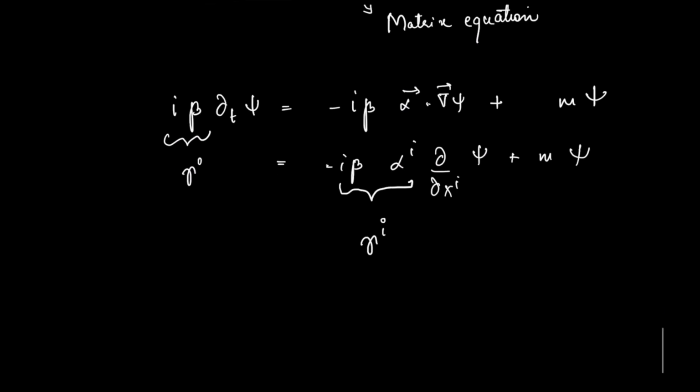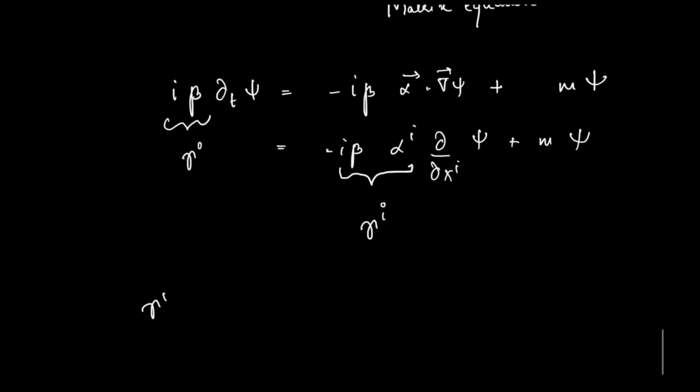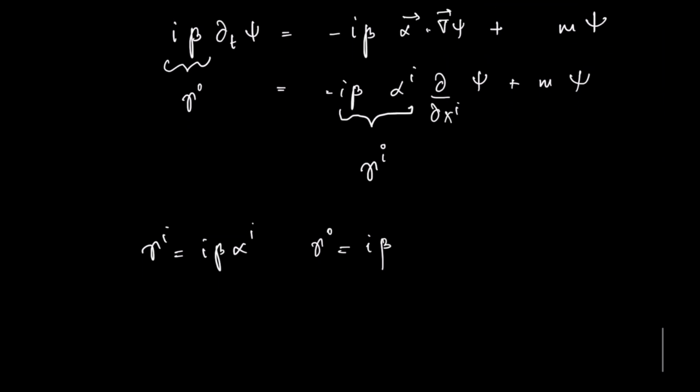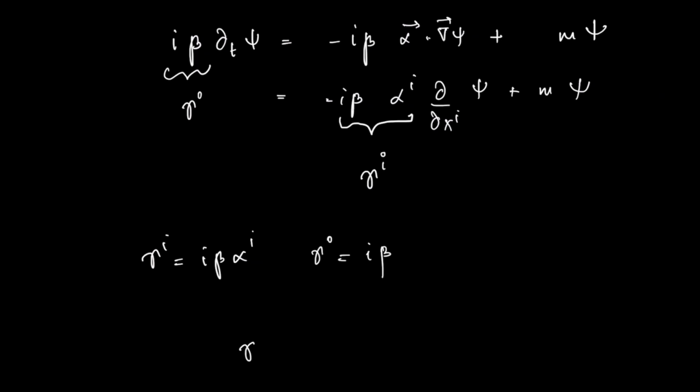So gamma i is equal to i beta alpha i, and gamma 0 is equal to i beta. I can rewrite the above equation as gamma 0 partial t psi is equal to minus gamma i partial i psi plus m psi.